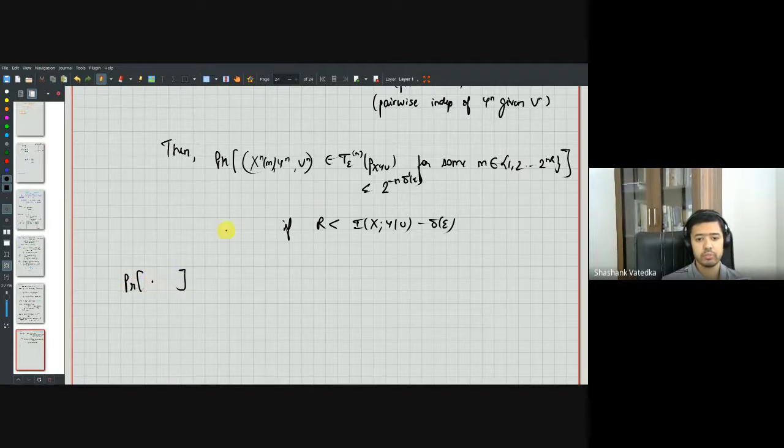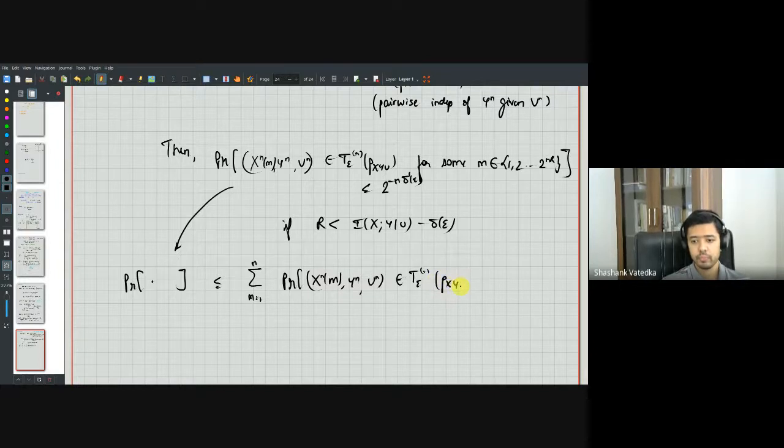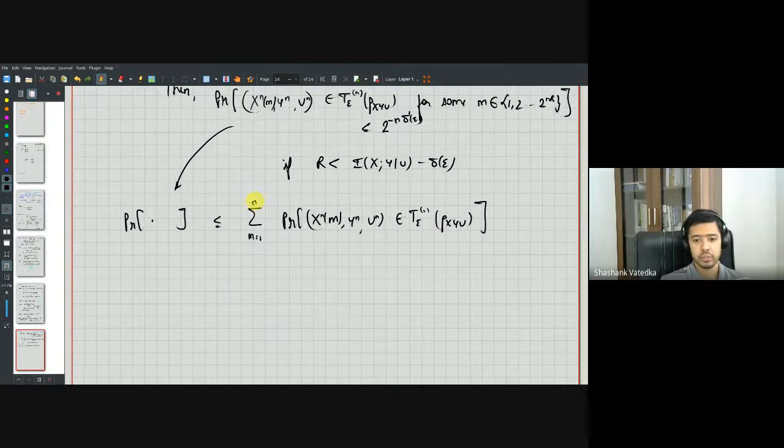So the probability of this happening, just by the union bound, is less than or equal to the sum over m going from 1 through 2 to the nR of the probability that X^n(m), Y^n, U^n are in the jointly typical set. This is just the union bound.